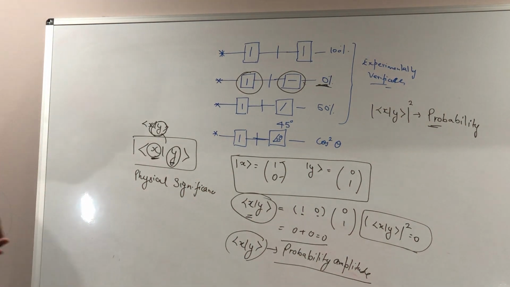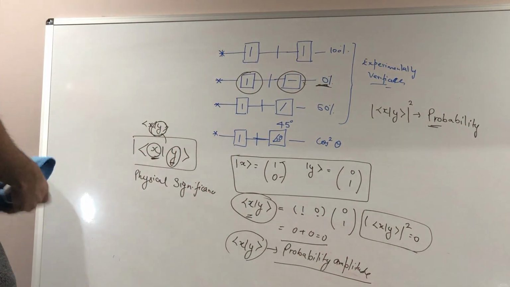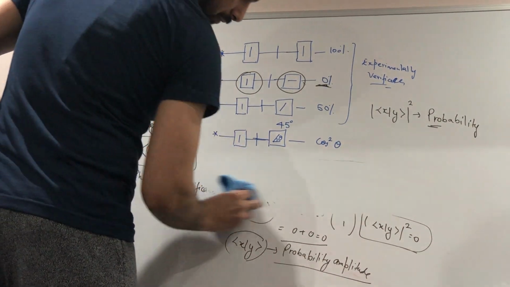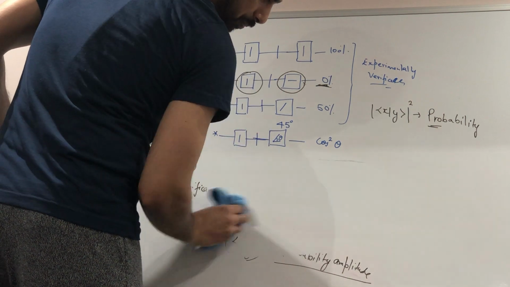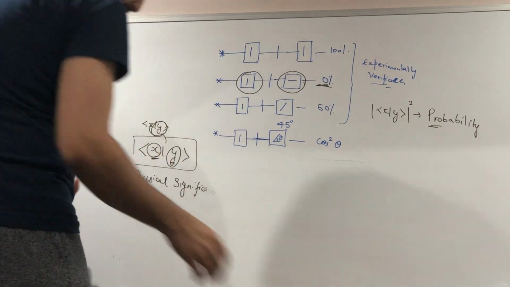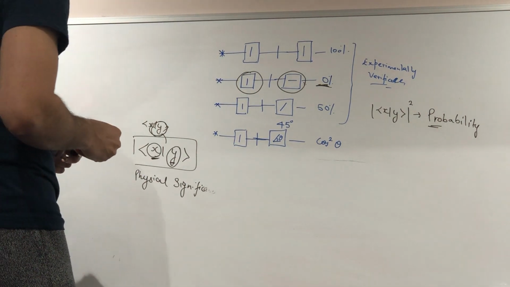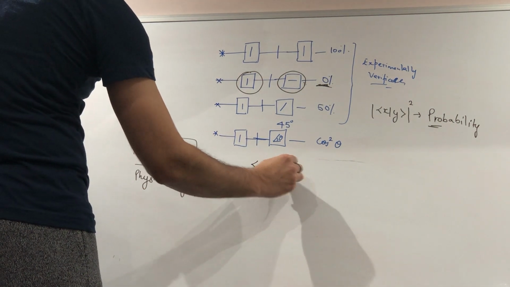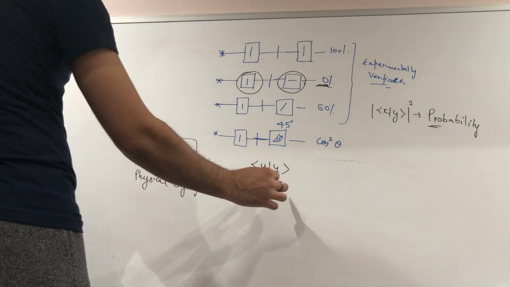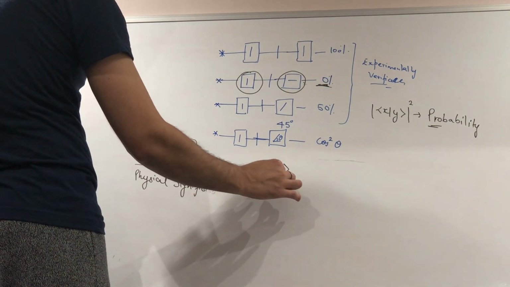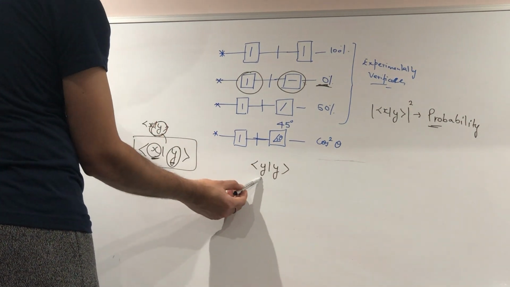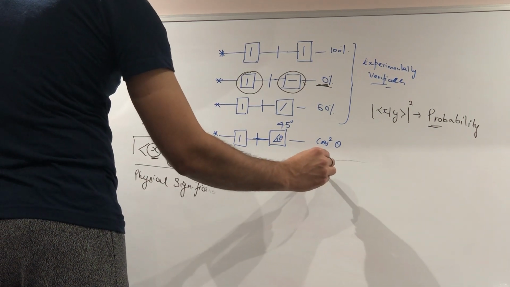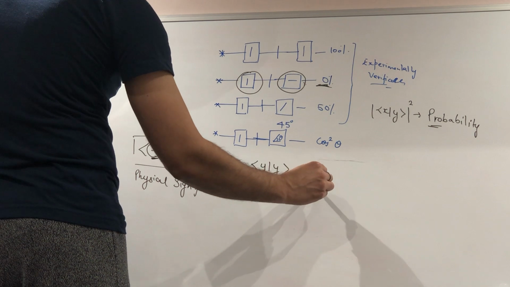Now I'm coming towards the Y inner product Y. What it means is the probability when I prepare the polarizer in the Y direction: what are the chances of getting output in the Y direction? So how am I going to find it? I write it here 0, 1.